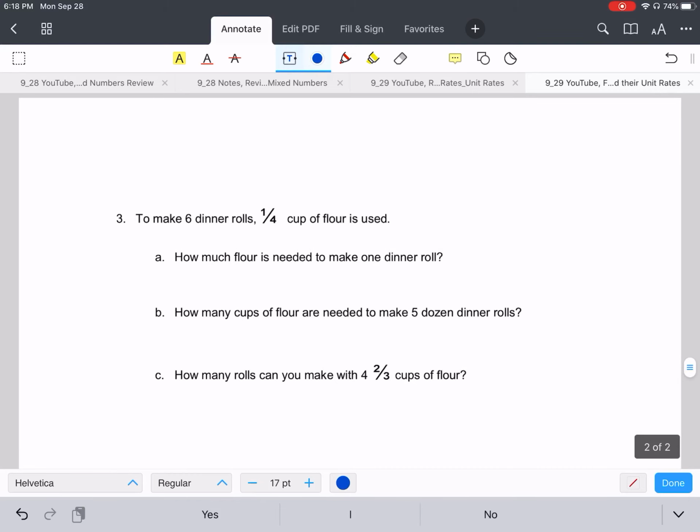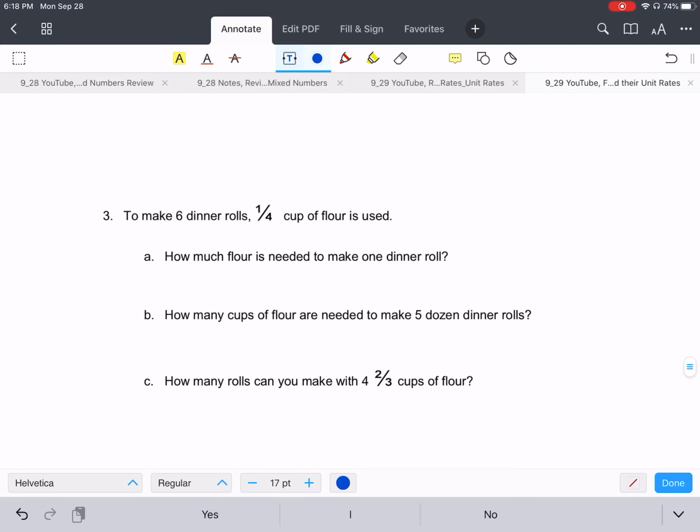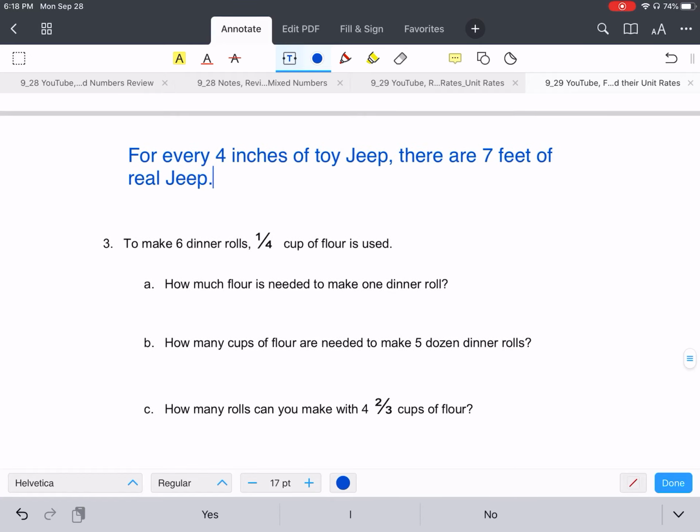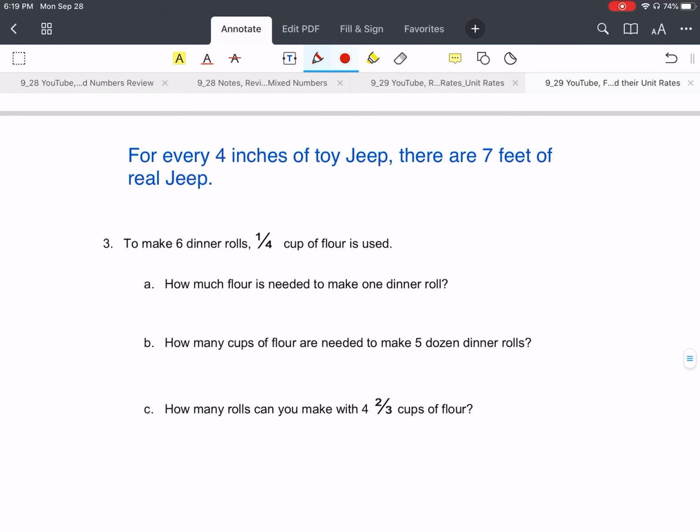Okay, number 3. To make 6 dinner rolls, 1/4 cup of flour is used. How much flour is needed to make 1 dinner roll? So this one is fairly simple. If we have 6 rolls, let me get back to the pen. 6 rolls to 1/4 cup.